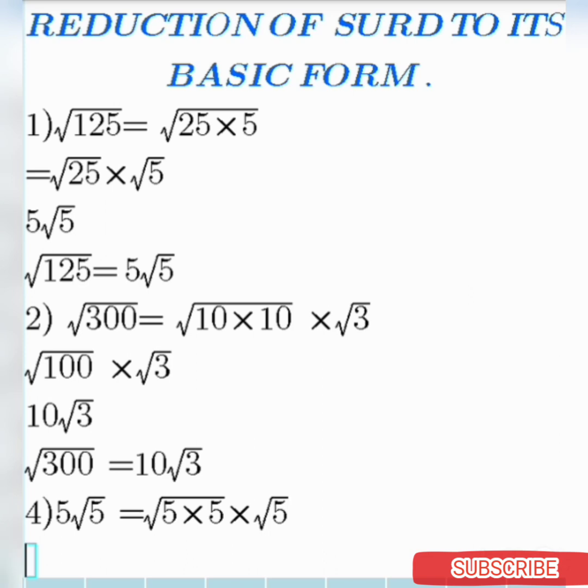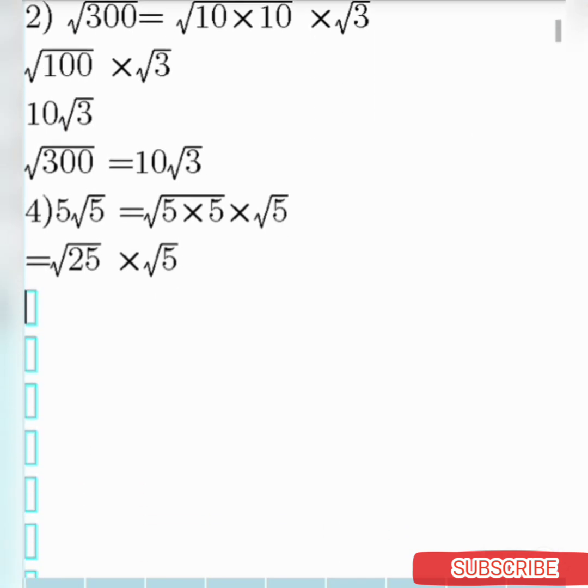After writing this expression like this, just multiply the two 5s inside. 5 times 5 will give you 25, that is root 25. When you have written root 25, you also write your root 5.